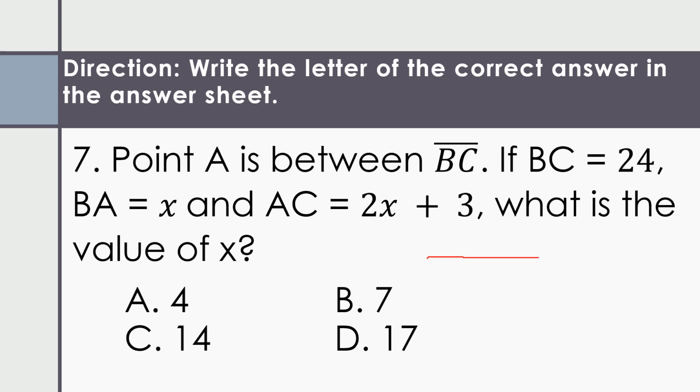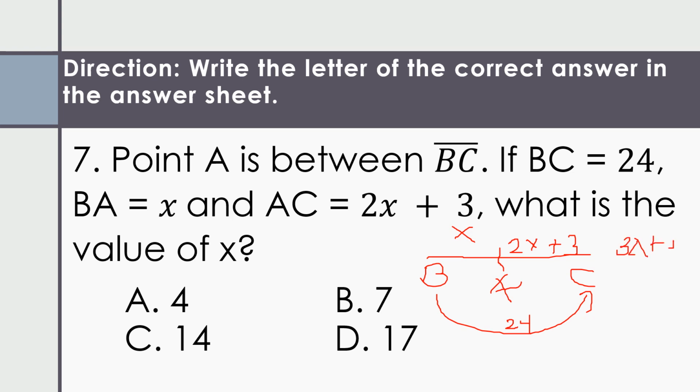So for example, we have line segment BC, and BC is 24, of course, and A is between B and C. So if BA is x and AC is 2x plus 3, and B to C is 24, therefore we have x plus 2x plus 3, so we have 3x plus 3 equals 24.